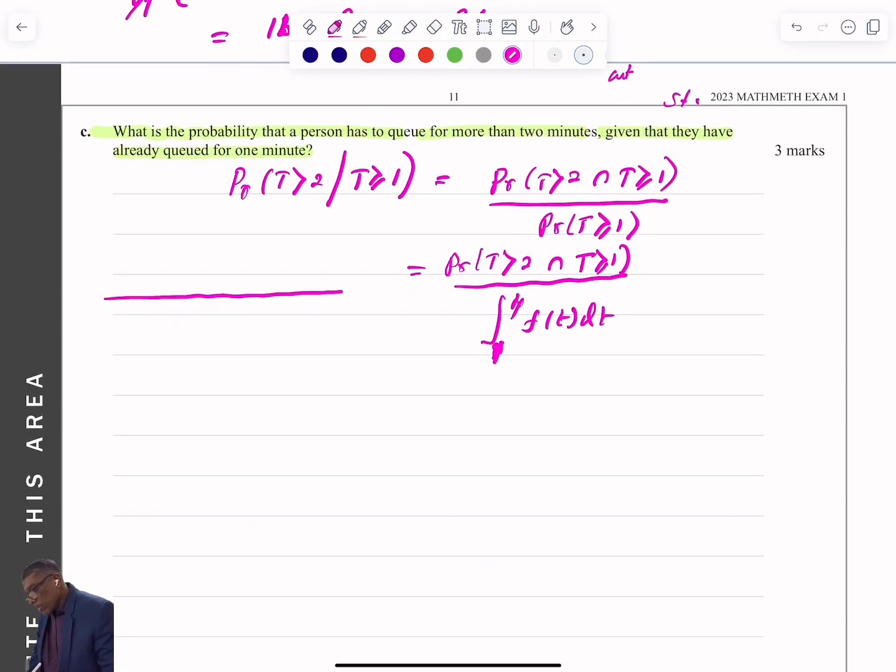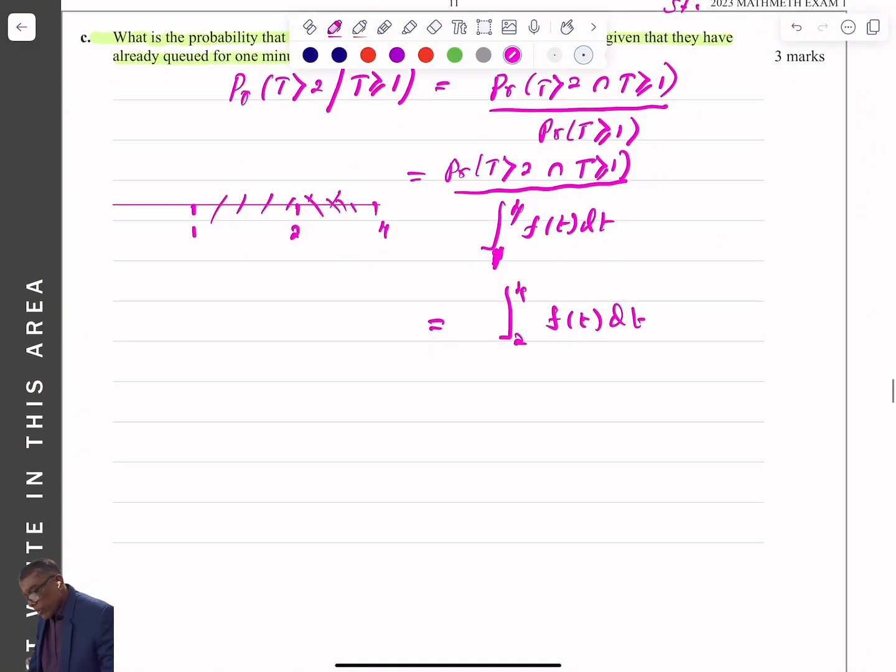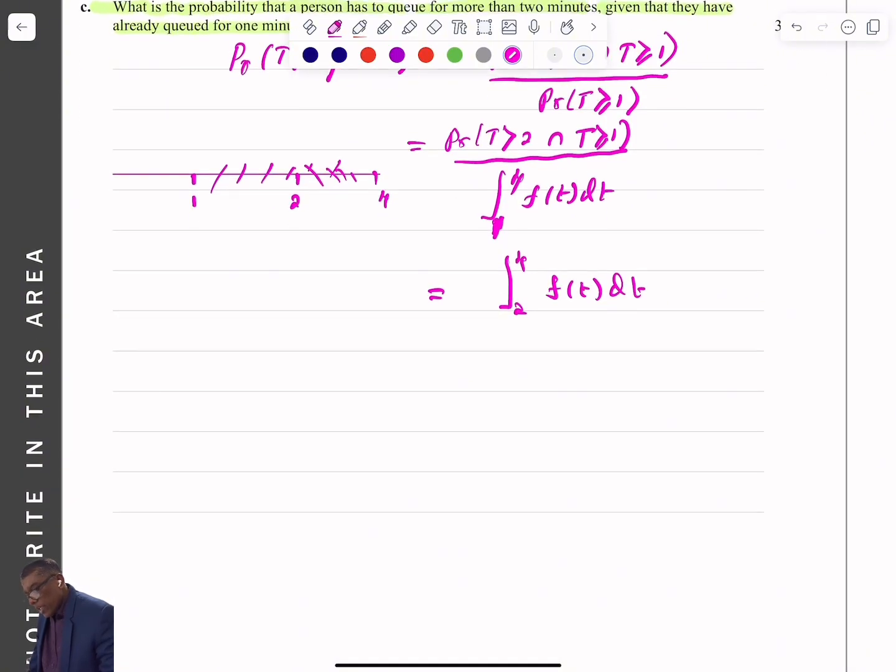Greater than or equal to 1 is here. Greater than 2 is here. This is 2 to 4 f(t) dt divided by 1 to 4 f(t) dt.